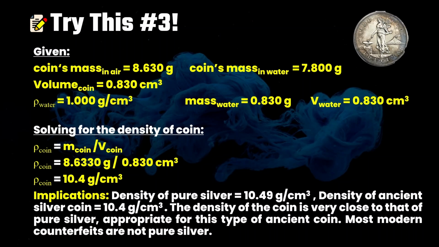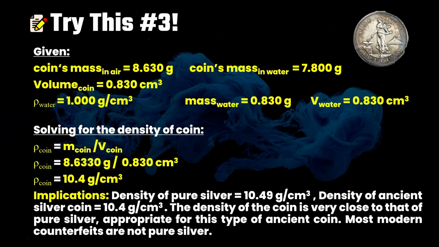So is this coin authentic? How do we know if it's authentic or not? We'll just compare the density of pure silver to the density that we've found using this formula. The density of pure silver is 10.49. The density of the coin in this problem is 10.4. So the density of the coin is very close to that of pure silver.